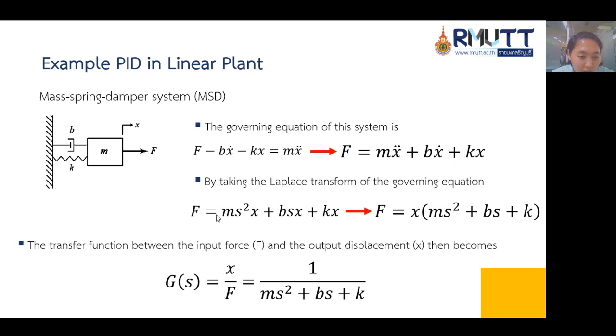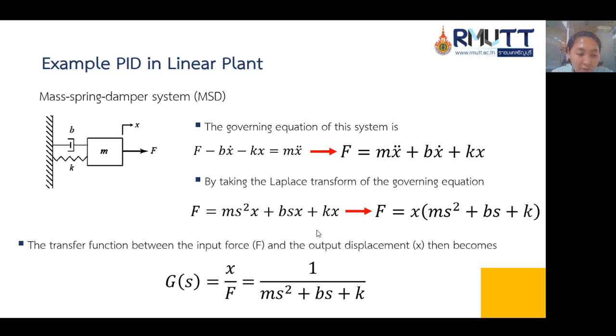F is equal to m times s squared X plus b times s times X plus k times X, which is the same as F is equal to X times (m times s squared plus b times s plus k).